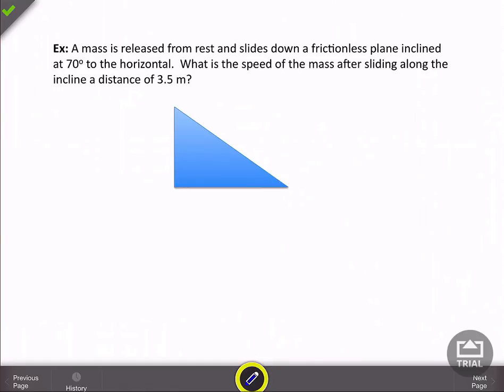So we're still going to draw a little picture here. I have my mass at the top of this incline, and it's going to slide down a distance of 3.5 meters. It's released from rest, and this angle here is 70 degrees, and I want to know how fast it's going at the bottom.